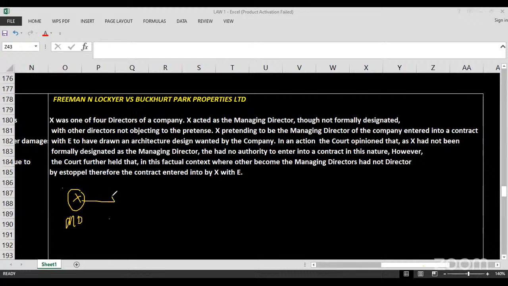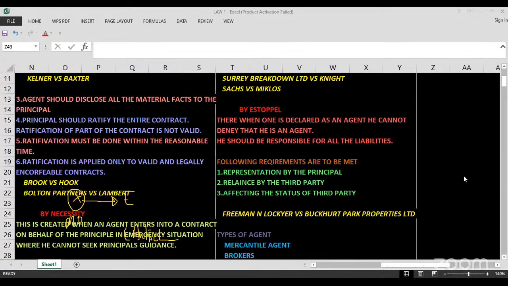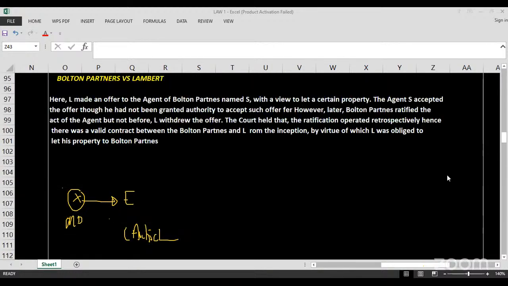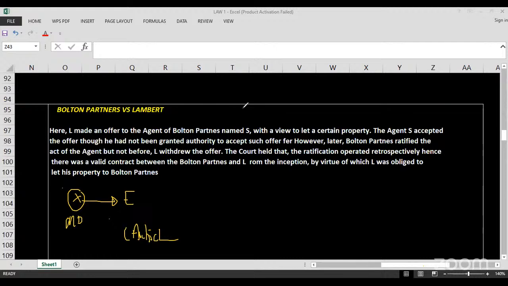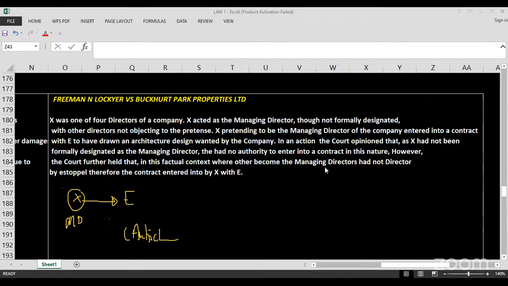And X has gone into a contract with E, an architect, to do a design for the company.